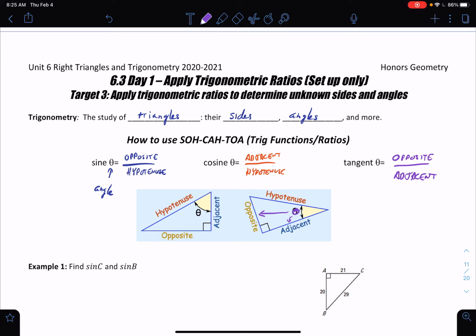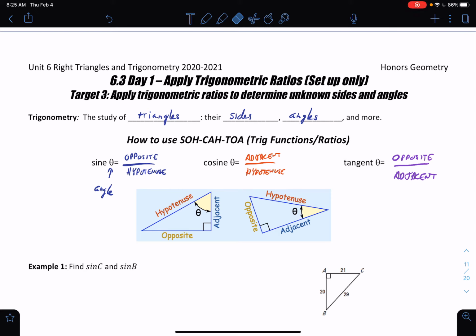Okay, so we use sine, cosine, and tangent in order to solve for missing sides and angles. But for the purposes of this video, we're just going to focus on setting up those trig ratios using SOHCAHTOA. So sine is opposite over hypotenuse. Cosine is adjacent over hypotenuse. And tangent is opposite over adjacent. So that's how you can use this mnemonic device to help you.